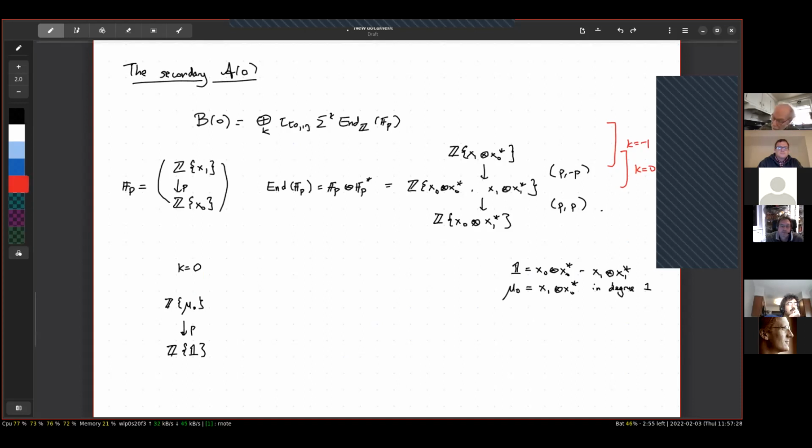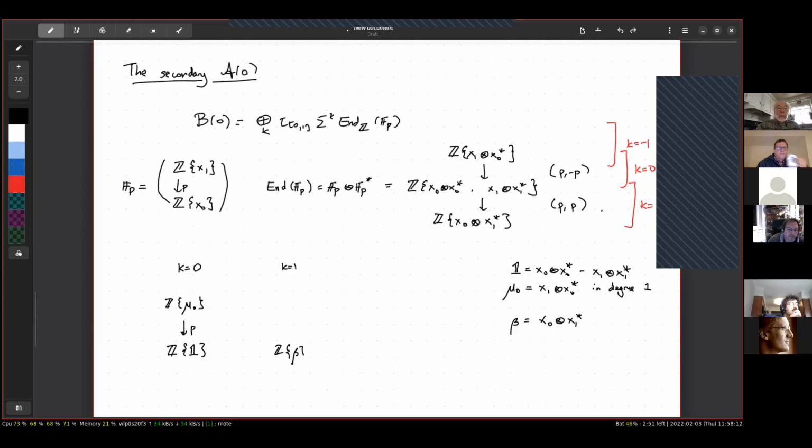Let's say k equals 1. We're looking at this section. So we're basically taking this and quotienting out by the image of x1 tensor x0 dual. Let's again look at the bottom part. We have x0 tensor x1 dual. That's the Bockstein, that's beta. So here we have beta. And upstairs we have x1 tensor x1 dual, which we can check is mu naught times beta, if x0 dual and x0 contract to 1.